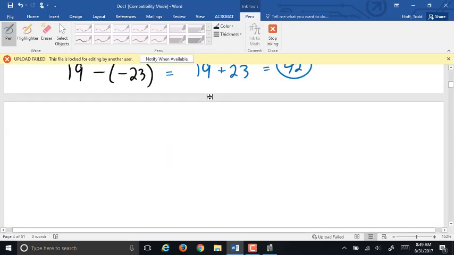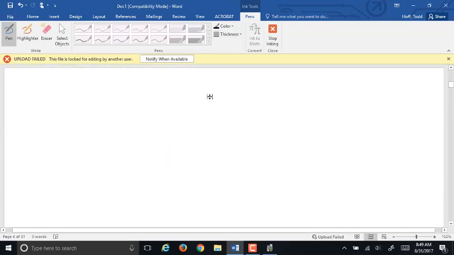Multiplication. We have talked about multiplication a little bit as its basic definition. You know, 5 times 3 is 5 plus 5 plus 5. It's repeated addition.